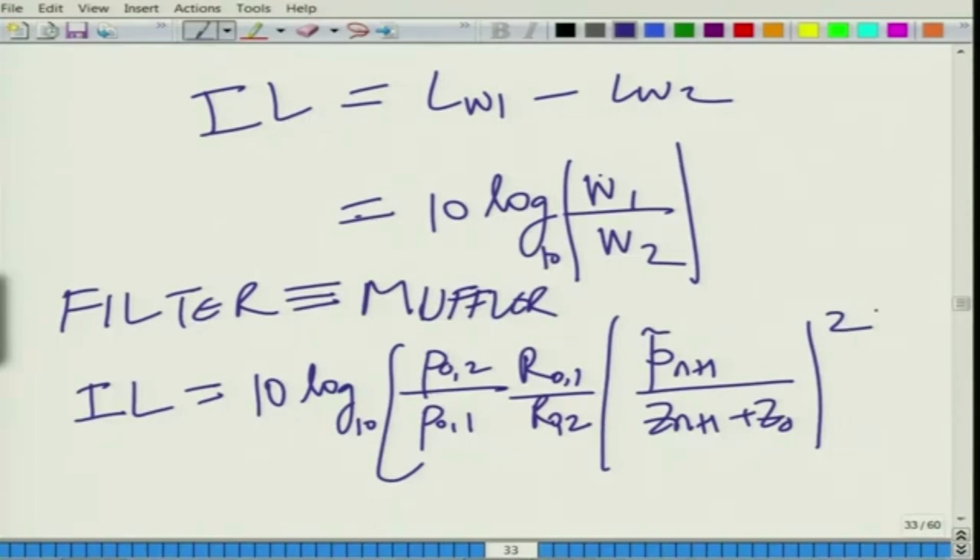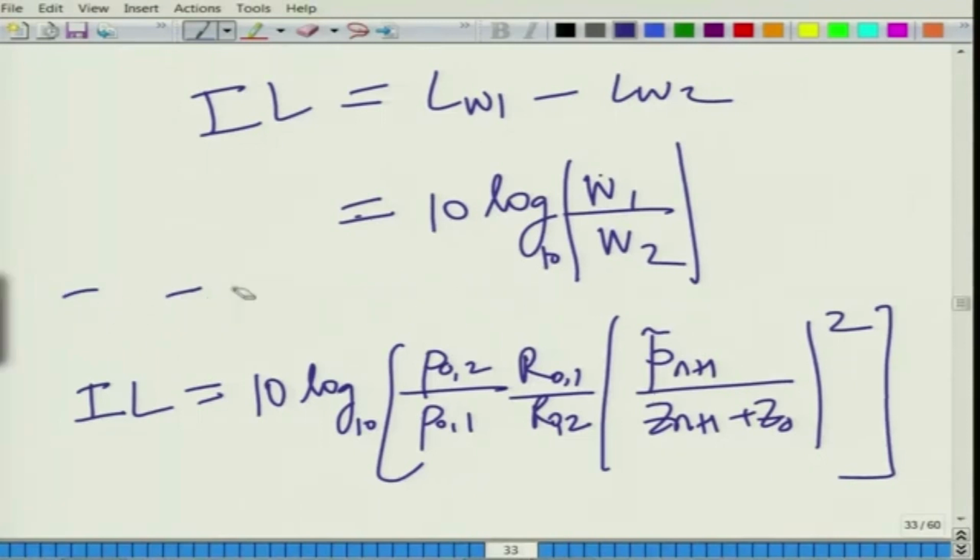So, we get this particular expression for the insertion loss. I guess probably I was missing a term here. So, in the denominator we probably have V naught square.